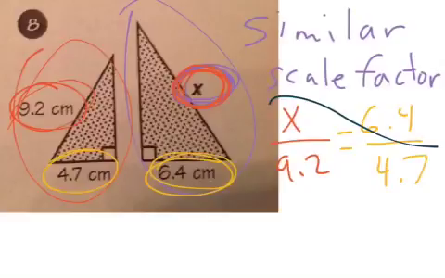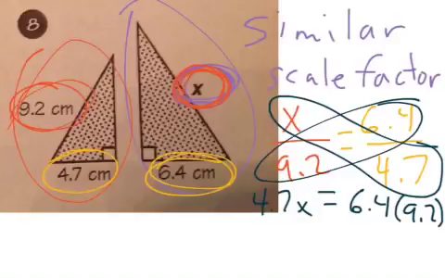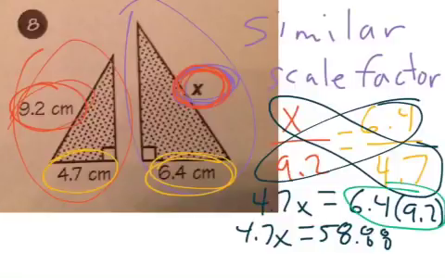So solving this, I'm going to cross multiply, right? I have 4.7x equals 6.4 times 9.2. See how I cross multiplied? So 4.7x equals 58.88 once I multiplied 6.4 times 9.2.